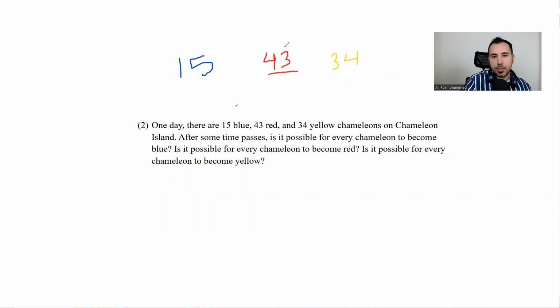No. So can all of them be red? No. So how about yellow? Can everything be yellow? In this case, I subtract these two. So is it 28? I think, yes. So 28, is 28 a multiple of 3? No. Can all of them be yellow? No. See how easy it is?